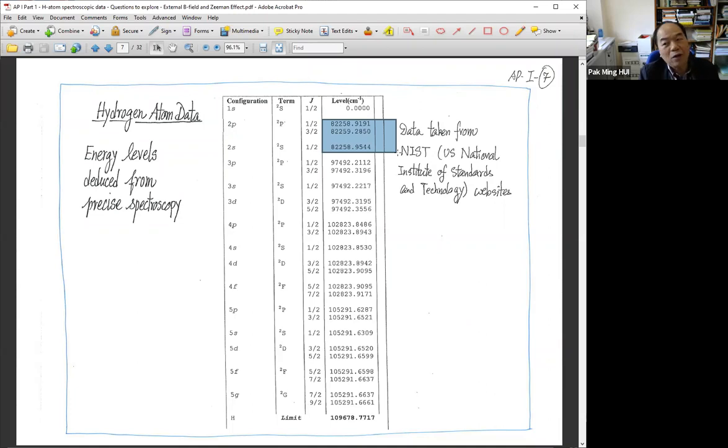Okay, so if you are not looking for high precision, 82259 wave number, these three numbers are almost the same. So what you learned last term is 99.9% okay, right? But if you are curious enough, not quite exactly the same.